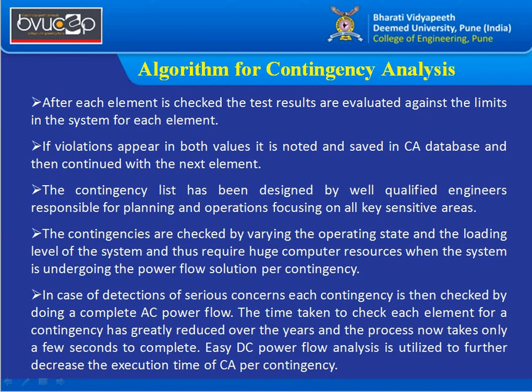If there is some time restriction, to check the element for contingencies and perform it in less time, that is, to complete in a few seconds, we go with DC load flow analysis because it is quite simple to do the analysis, the execution time is less and convergence is more, and it decreases the execution time for CA analysis per contingency.